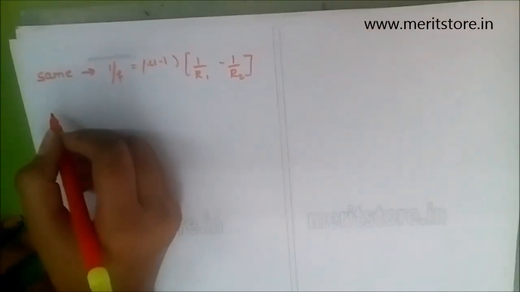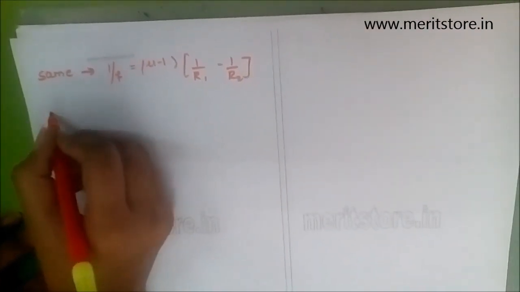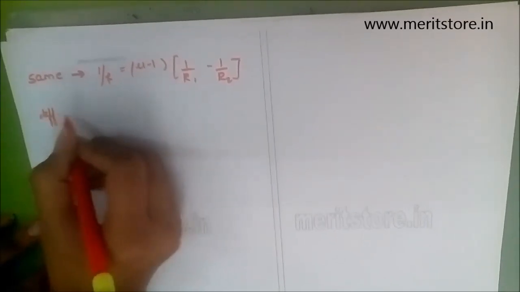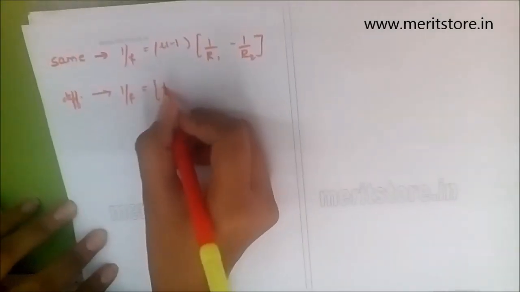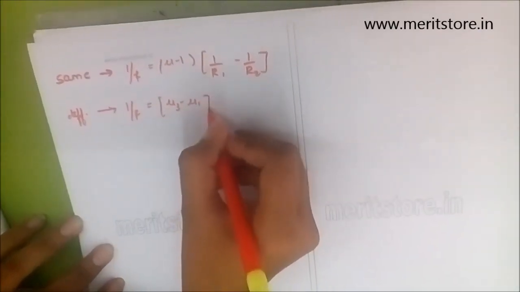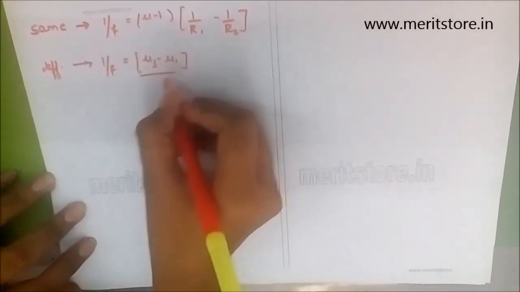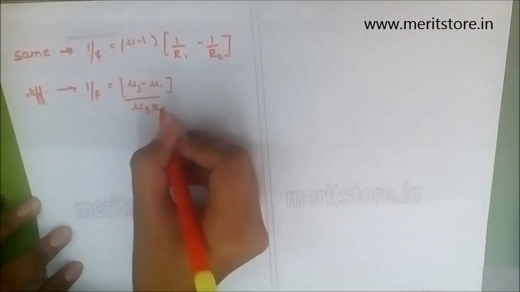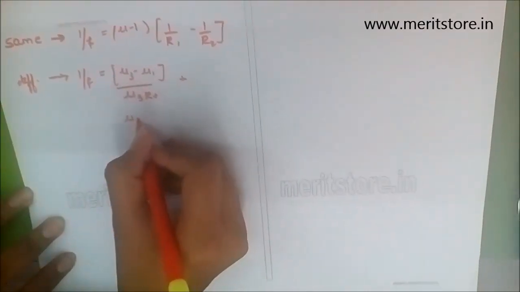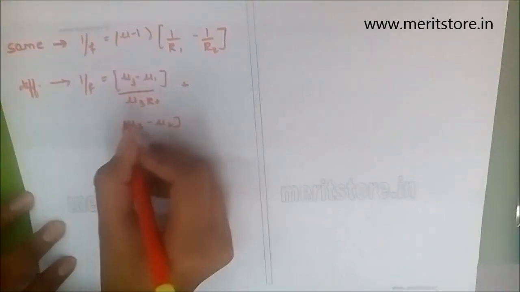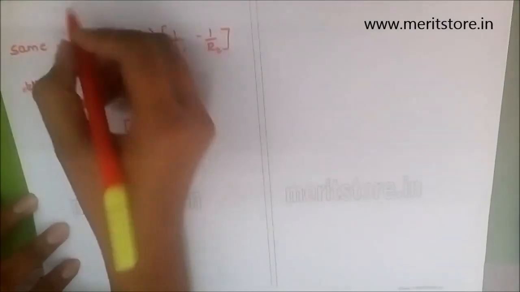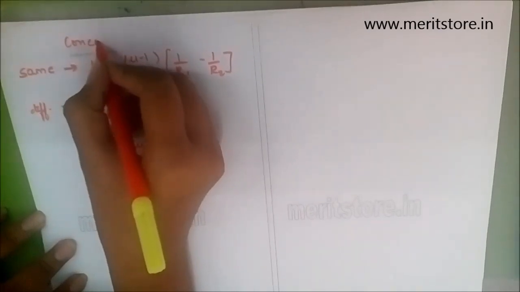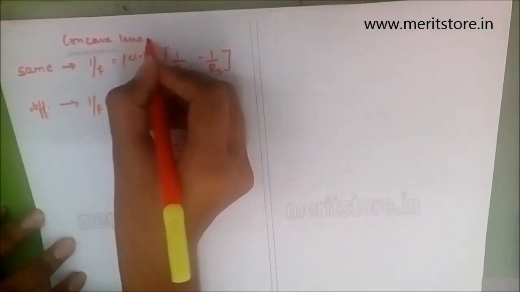When the medium situated on the two sides of the lens is different, the formula is given as mu 3 minus mu 1 divided by mu 3 R1 plus mu 3 minus mu 2 divided by mu 3 R2. To keep in mind, this is for the concave lens.